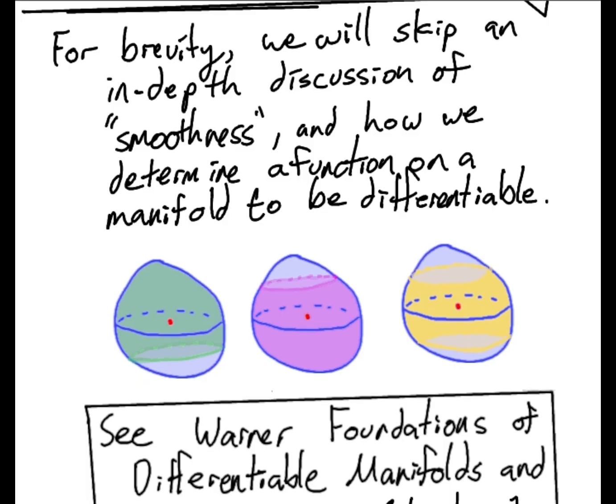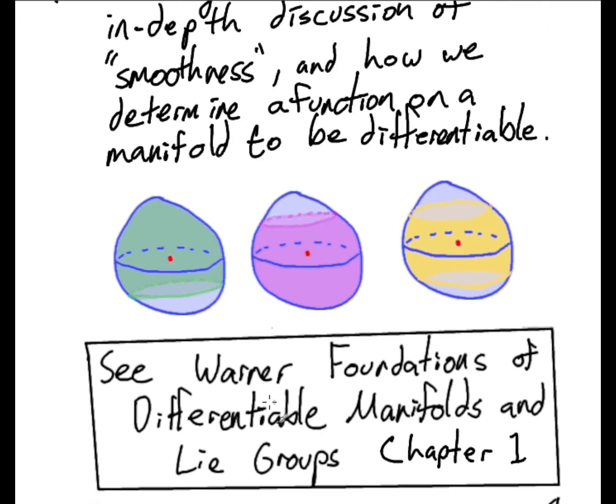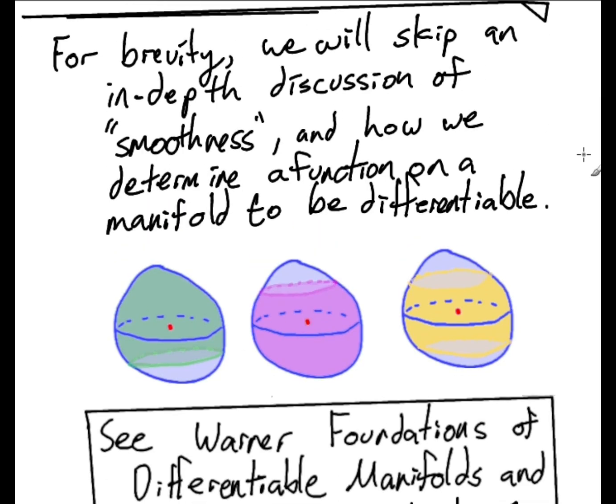We're going to skip over it. There is a good amount of material from the Foundations of Differentiable Manifolds and Lie Groups, the Warner book I mentioned, that describe what makes something smooth. Right now, I'm just going to throw this picture at you and wave my hands at it. If we have some open set that is a chart for this manifold here, and some other open set that is a chart for this manifold here, their intersection is going to be some different open set that's on the manifold.